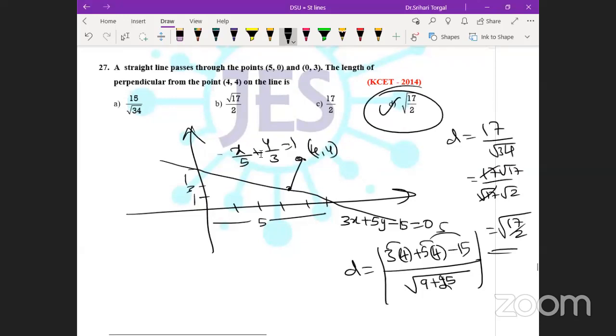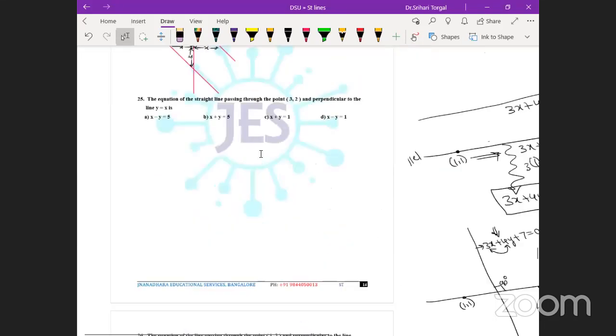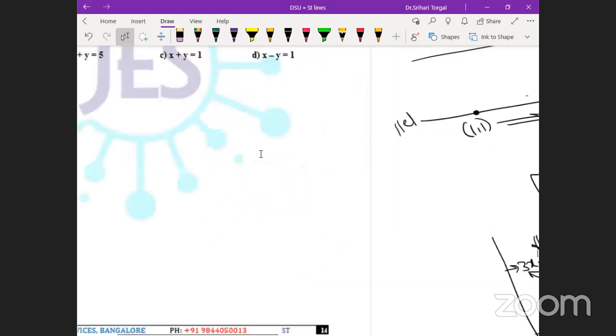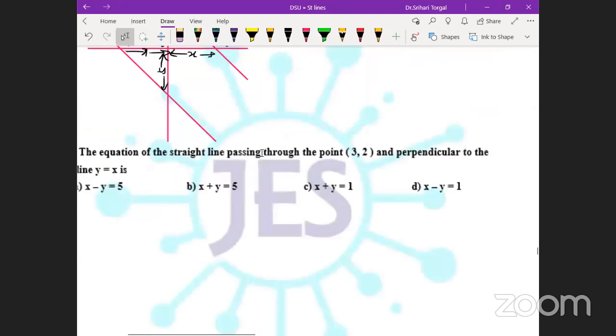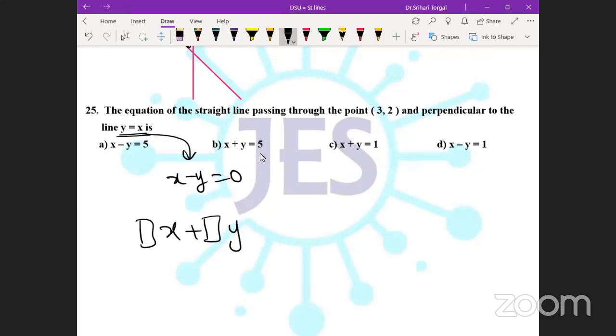Question number 25. The equation of a straight line passing through the point 3, 2 perpendicular to the line x minus y equal to 0. We need the perpendicular line, so shift: if there is minus, you get plus, shuffle the two, so x plus y plus k equal to 0.